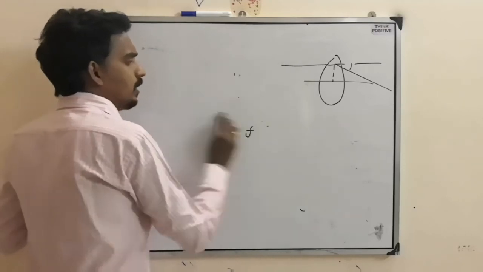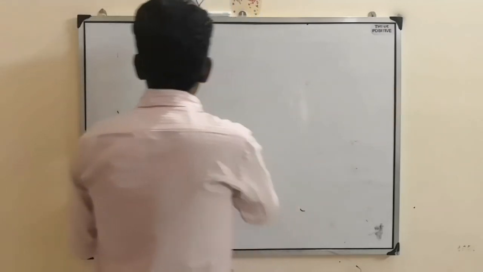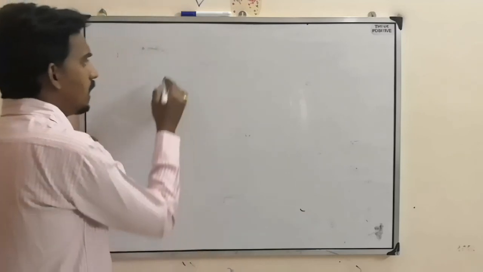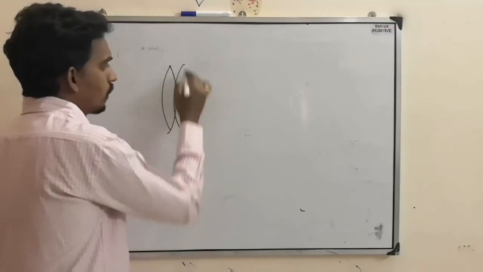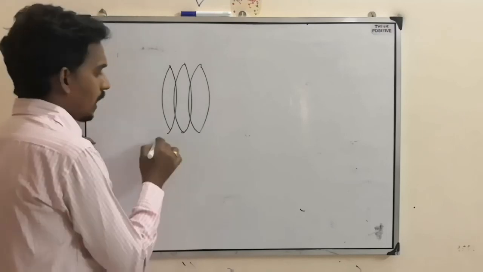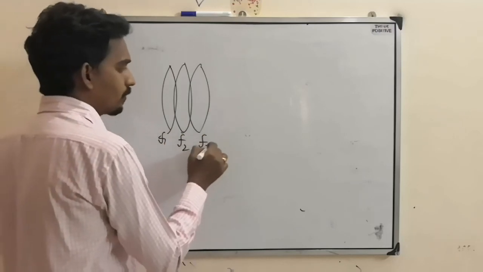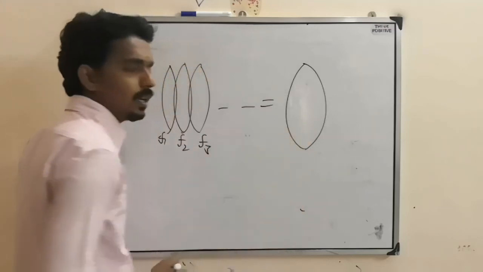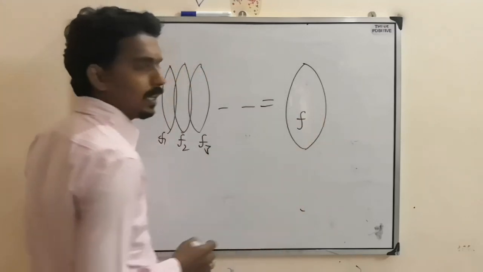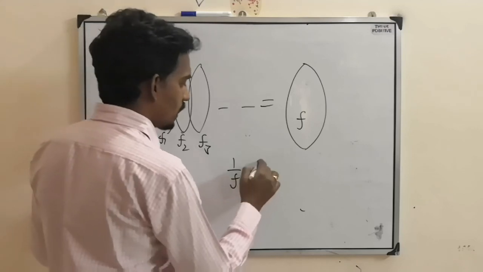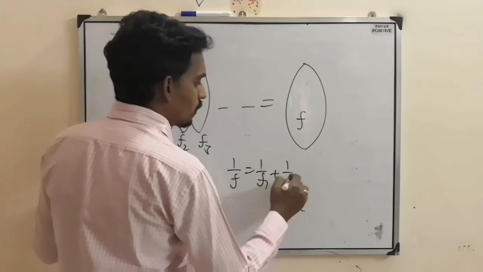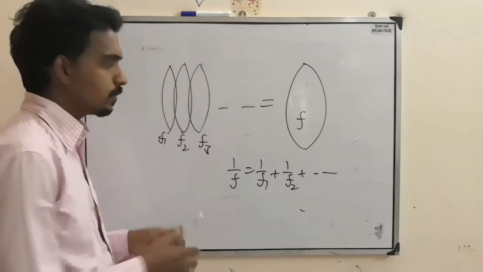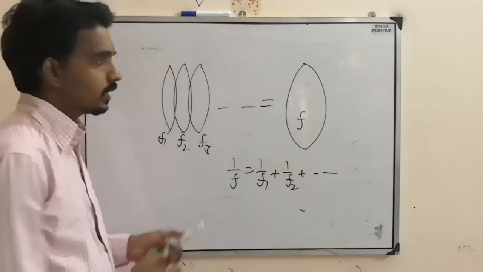And in this syllabus we mainly study thin lenses. So the next important question is thin lenses in contact. When two or more lenses having focal lengths f1, f2, f3 and so on are kept in contact, they behave like one single lens of focal length f, whose focal length formula is given by 1 by f1 plus 1 by f2 and so on, as many lenses as there are, that many you have to take.